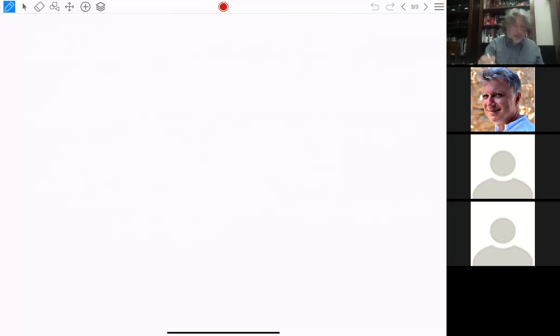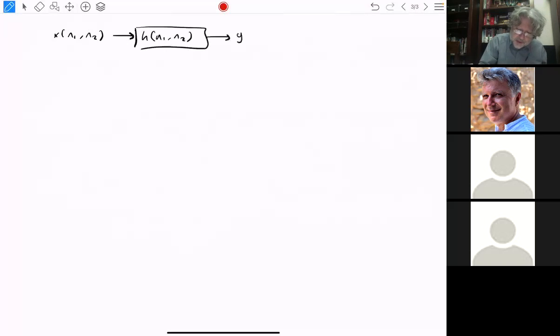For example, this time I will proceed with the discrete time case in 2 dimensions, because in 2 dimensions we usually have discrete time signals. So let's think of it like this: x of n1, n2 going into a system whose point spread function is h of n1, n2, and the output is y of n1, n2.